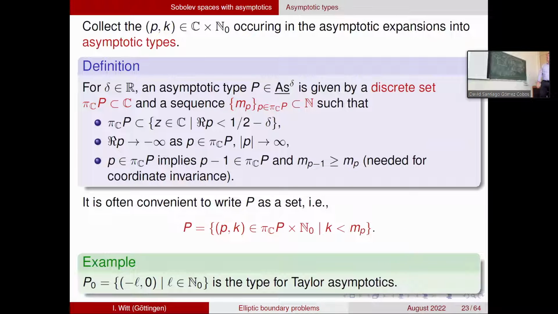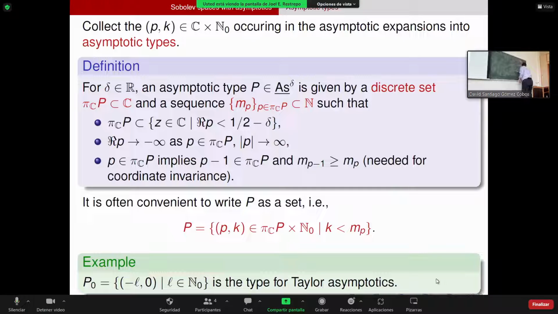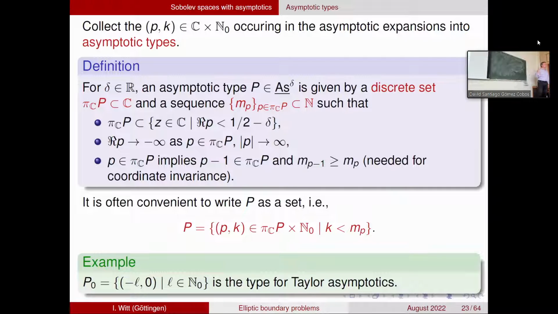Good. But before we do that, we start with asymptotic types. So basically, we have a fixed asymptotic expansion with p and k's. I told you what such an asymptotic type is. Well, the best way to say it is complex analysis. It is a divisor.